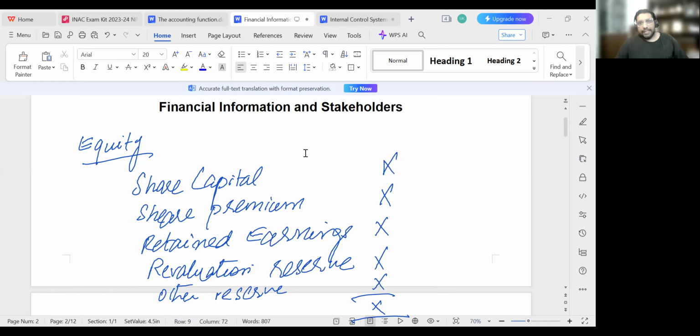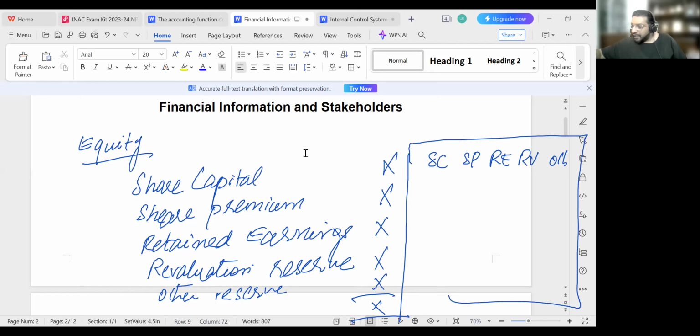In the statement of changes in equity, you actually try to understand the movement between each head. So the statement of changes in equity looks like this. Share capital, share premium, retained earnings, revaluation reserves, other reserves, right?